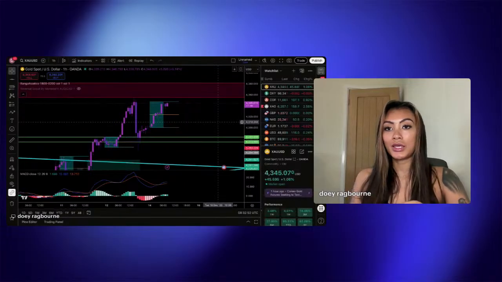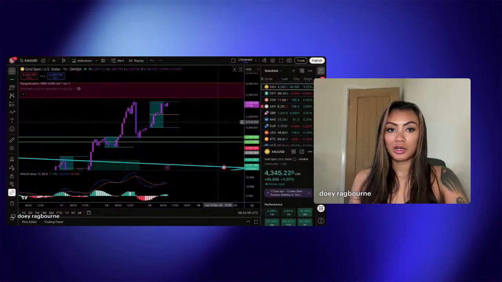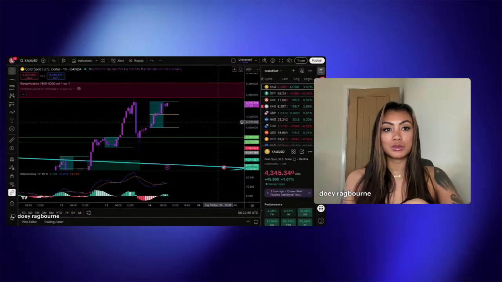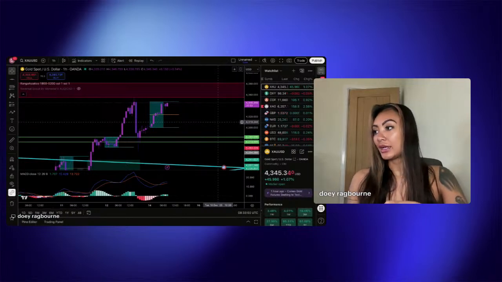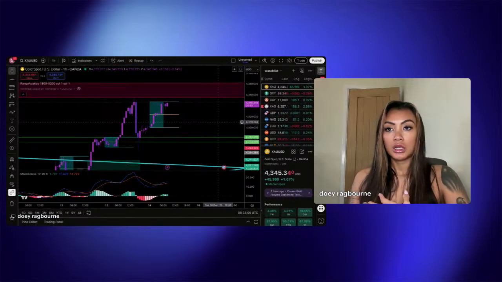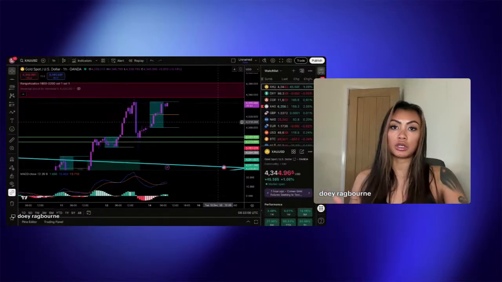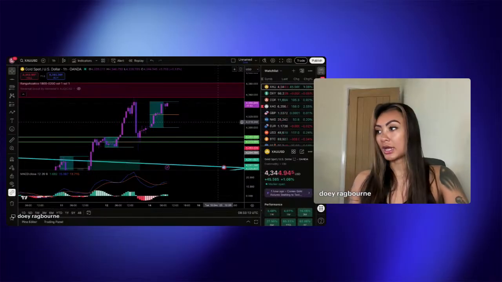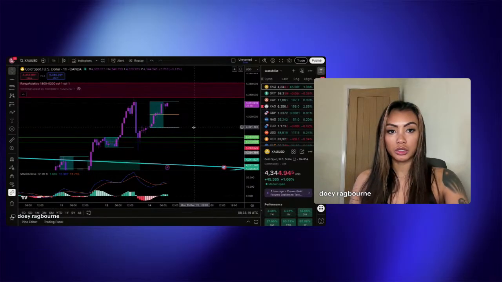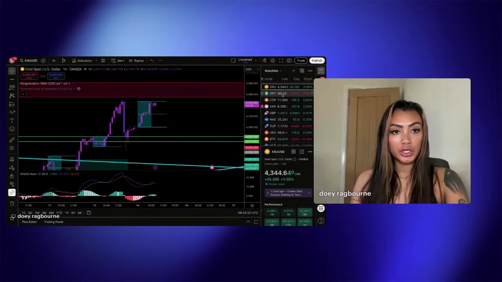So the 0.618 area and 0.7 area could be another area of interest before taking a long position if we're going in a bullish direction, or a sell if we're going in a bearish direction. But that's about it. We're just going to be patient.